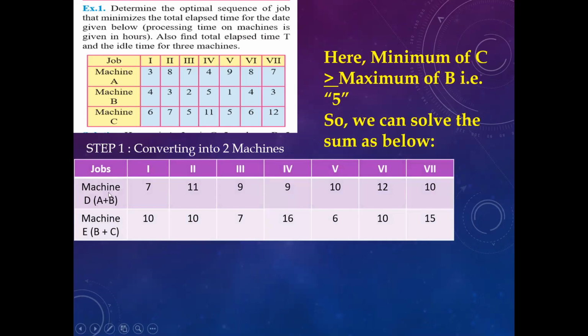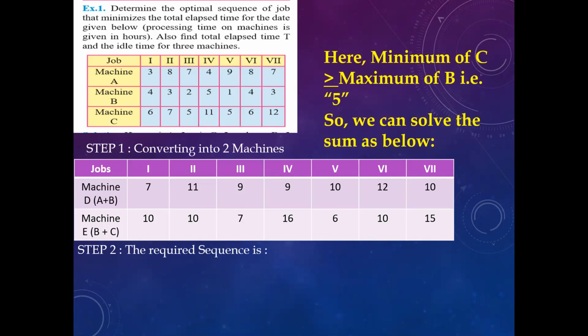We'll name the new 2 machines as machine D and machine E. You will obtain machine D by adding the values of A and B, and you will get all the values written in the first row. Similarly, for machine E, you will get the values by adding machine B and machine C, like this. After preparing this particular table, only then you can move on to the next step, that is finding the required sequence.